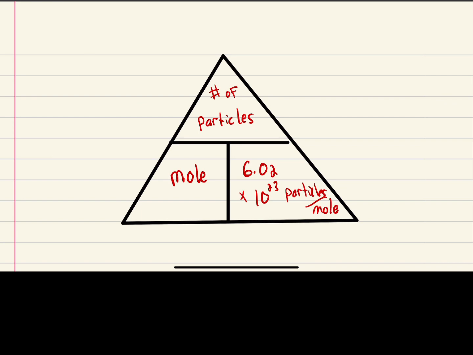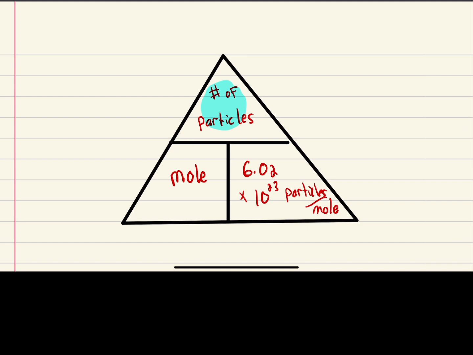So this triangle sums up the relationships between the number of particles, the mole, and Avogadro's constant. The way we read this triangle, like any of these helpful algebra or math triangles, is that it describes the relationship between the three variables. If I place a circle over the variable that I want to solve, whatever's left over determines the formula for that variable that I have highlighted in turquoise.